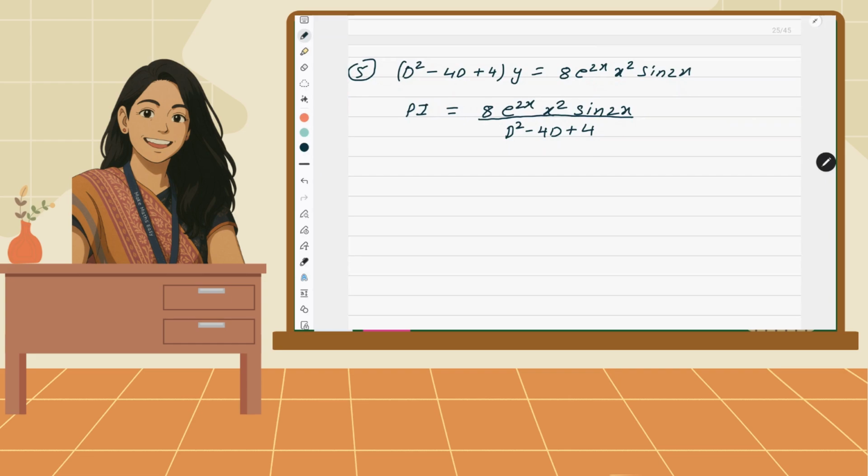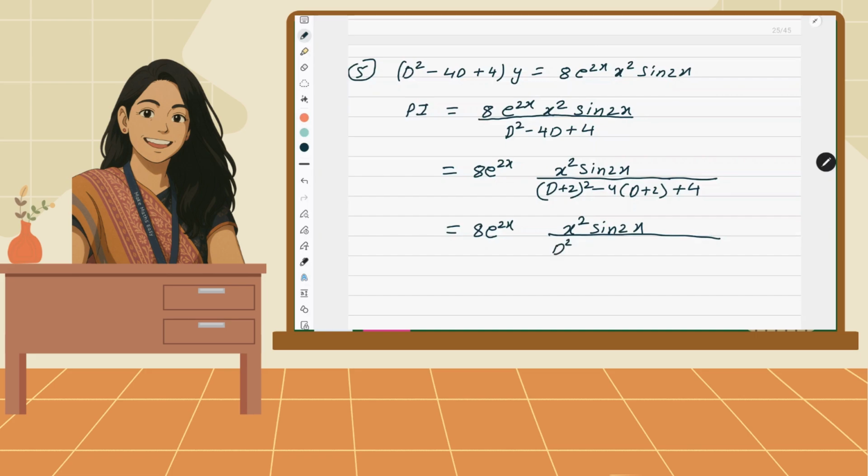Okay, now exponential is there with something, so let us take out the exponential. So the constant also I am writing outside. So I am left with x square sin 2x upon D plus 2 whole square minus 4D plus 2 plus 4. Okay, so 8 e to the power 2x x square sin 2x upon a square plus b square plus 2ab minus 4D minus 8 plus 4.